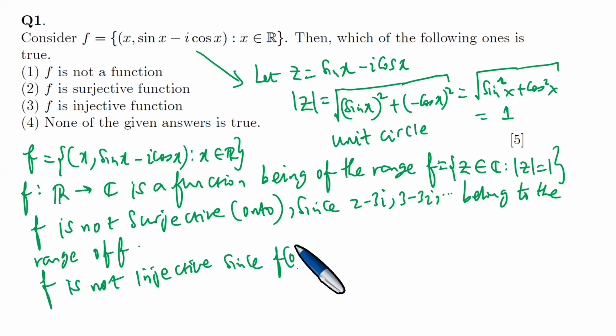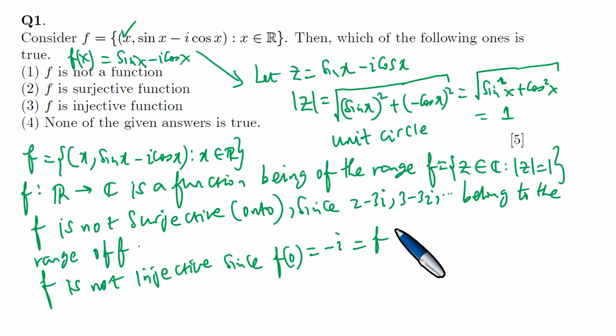f of 0. Because you can see this here: f of x is the same as sine x minus i cosine x. But when x is 0, you have sine 0, which is 0, and cosine 0, which is 1. So this thing is minus i, but also f of 2 pi.